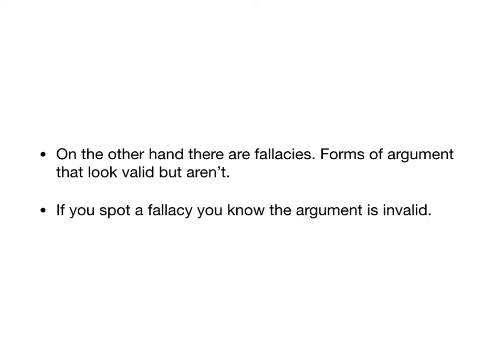If you spot a fallacy, you know the argument is invalid. So, if you recognize a valid form of argument, you know it's valid. If it uses only valid forms of argument all the way through, we know our argument's valid. If you spot a fallacy anywhere, though, you know the argument is invalid.